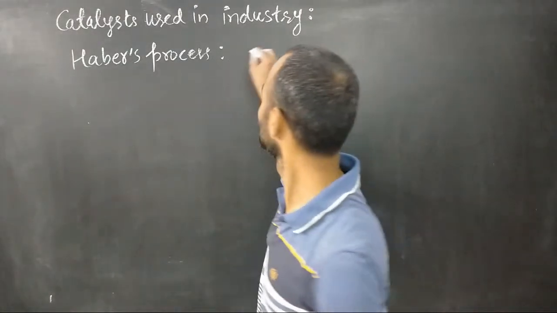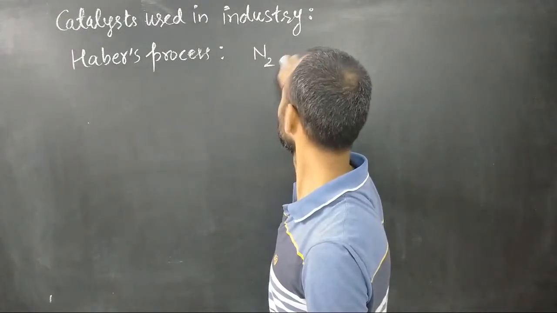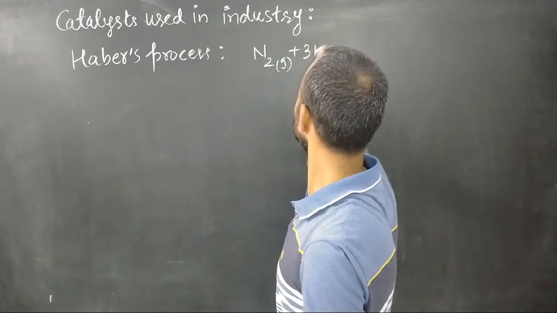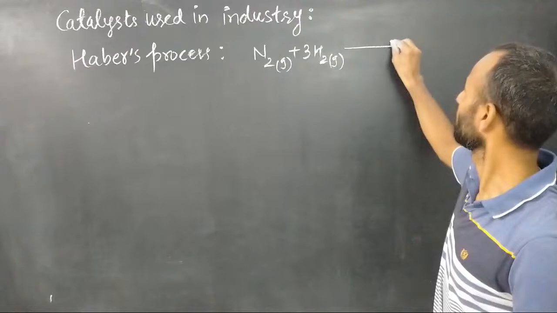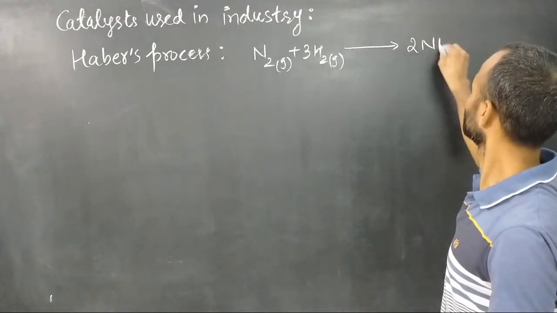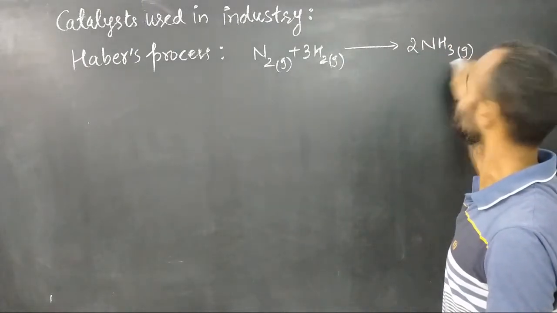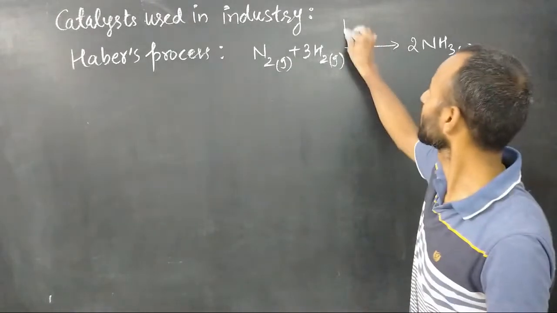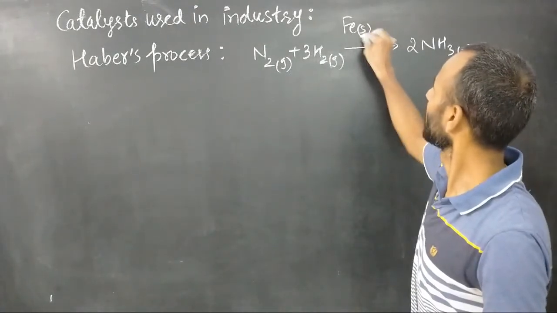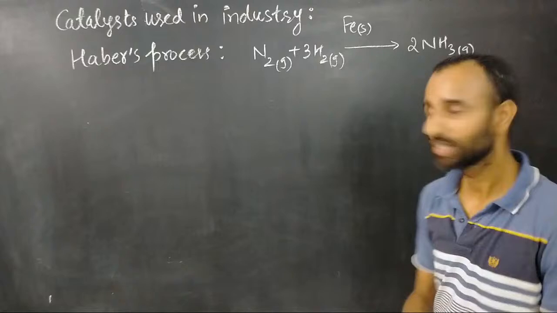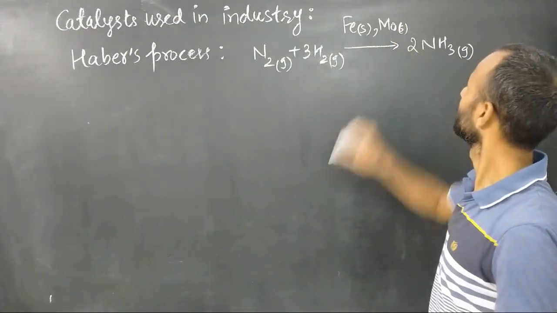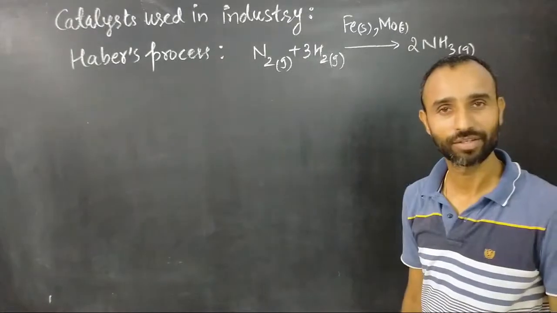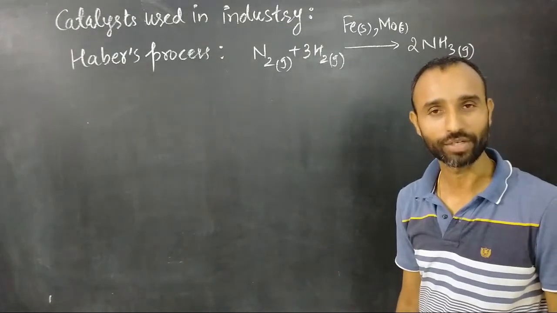हेबर प्रोसेस में N2 gas reacts with 3H2 gas to give 2NH3 gas. In this case, iron solid acts as a catalyst and molybdenum acts as promoter.